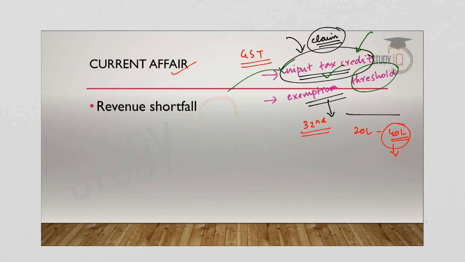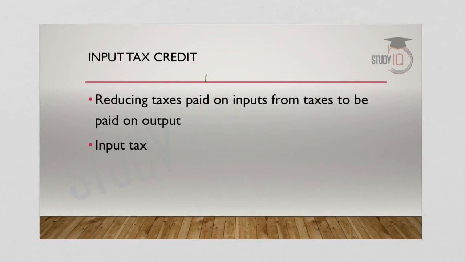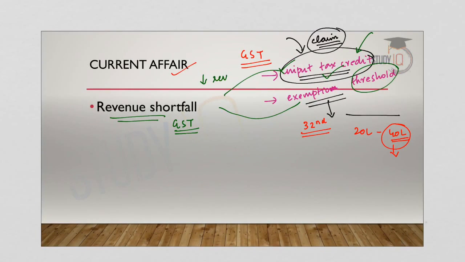Ultimately, as a result of both of these, there is a revenue shortfall in GST revenue collection, a lesser revenue collection for the government from the Goods and Services Tax. So this is the current affair, and based on this we will discuss this issue in detail.